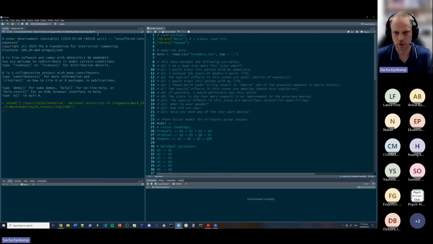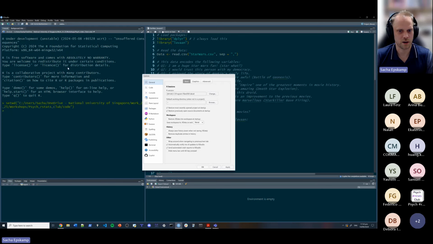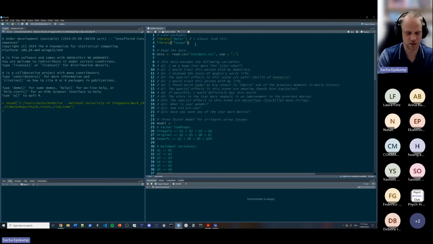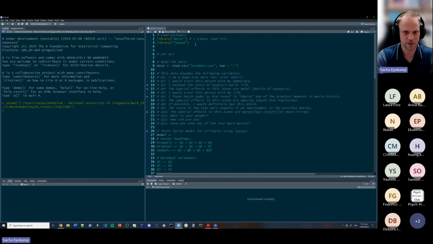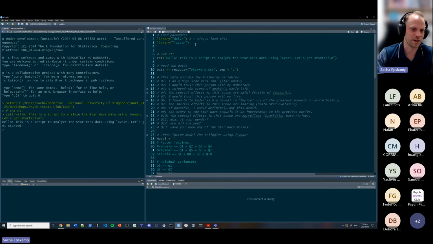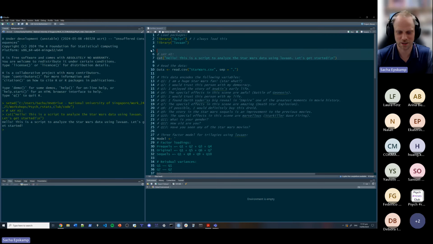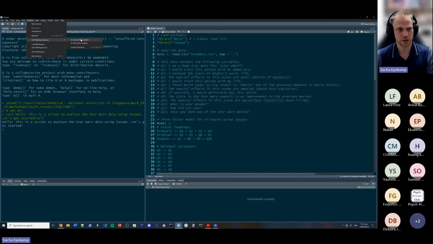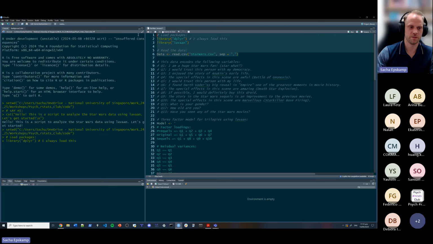I also have GitHub Copilot for AI recommendations. So say hi. And then I get AI recommendations for text. That's pretty useful. All right, set working directory to source file location. It sets the working directory to the right file. Then I can read this file into R, which has the data.